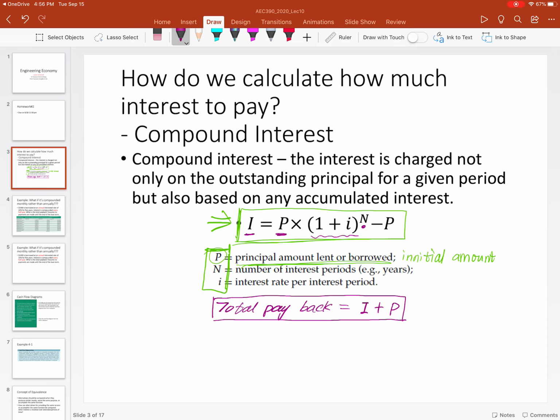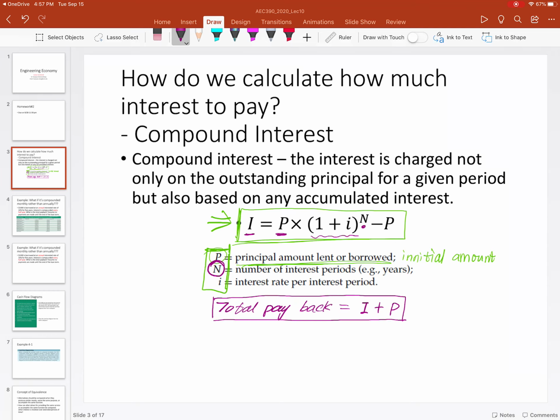But here I want to point out there is something very tricky: the n. Usually we say you borrow some money from the bank for a number of years, and after that many years you need to repay it. That's a very normal story. So usually you think that number of years, 10 years, 5 years, will be the number of interest periods, right?